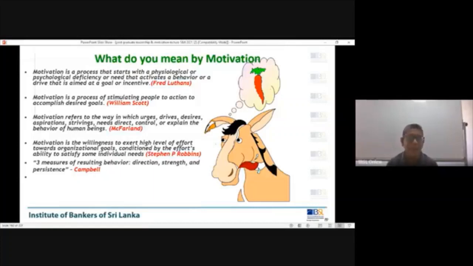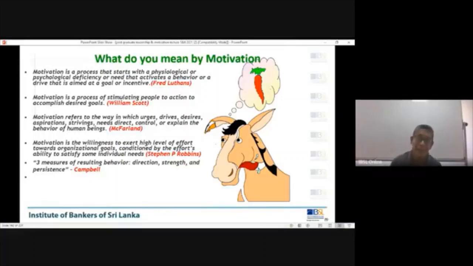William Scott: motivation refers to the way in which urges, drives, desires, aspirations, striving and needs direct, control and explain the behavior of human beings. That is McFarlane. Motivation is the willingness to exert a high level of effort towards organizational goals, conditioned by the effort's ability to satisfy some individual needs.